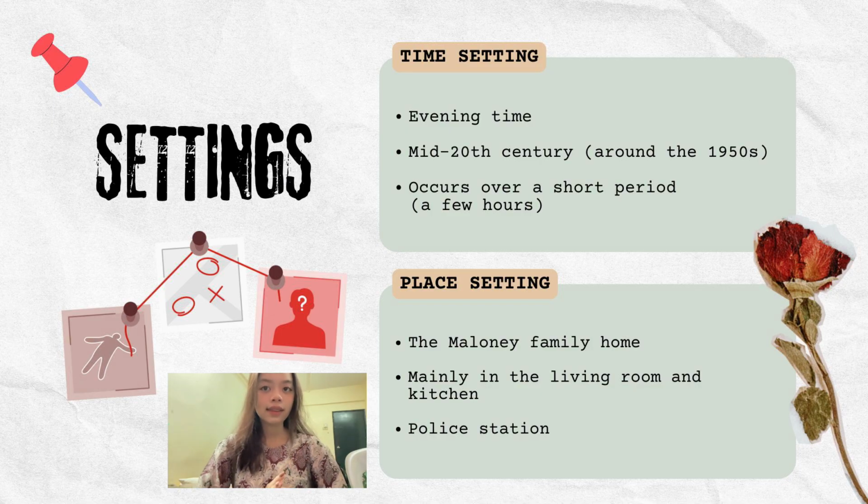The story is set in the Maloney family home, and most of the scenes happen in the living room and also in the kitchen. This home setting shows a very calm situation, which is in great contrast to the violent acts that actually happen in the story.